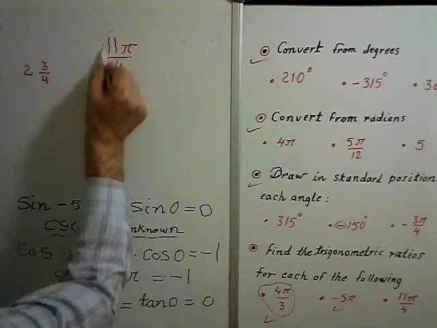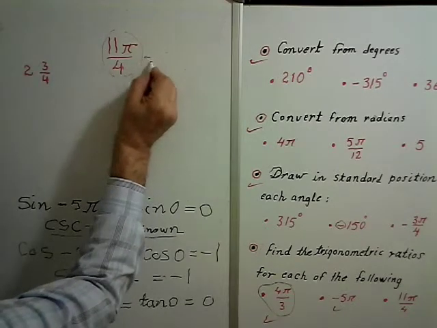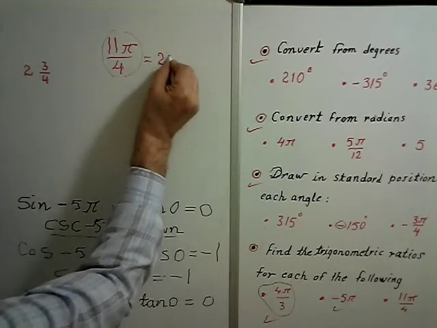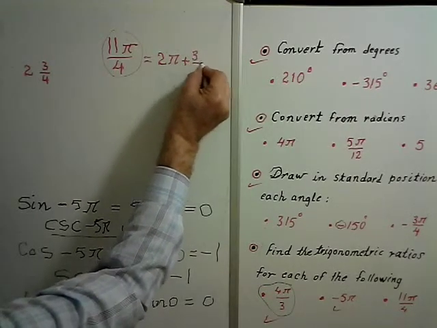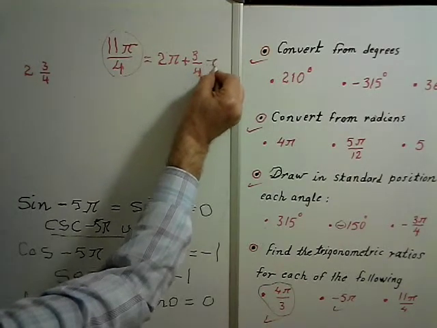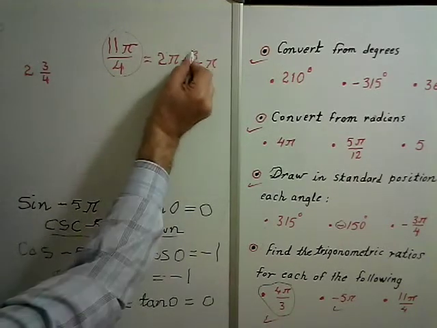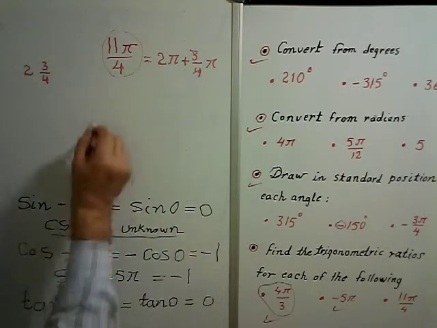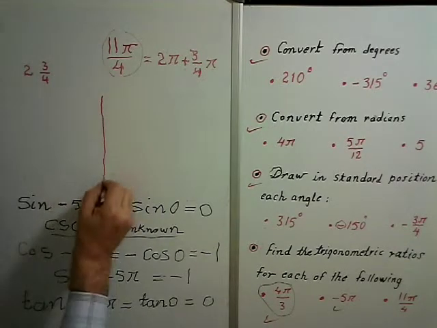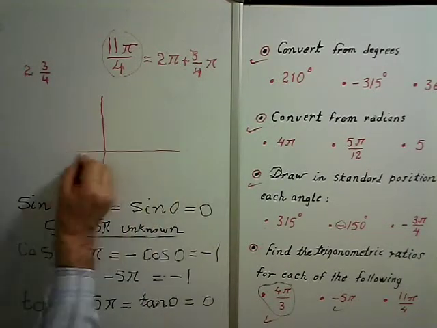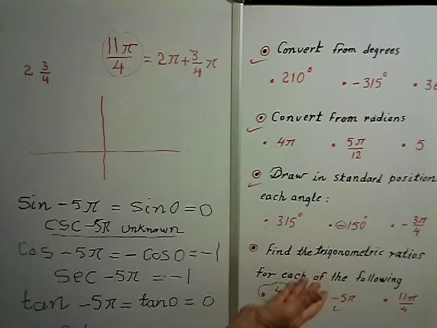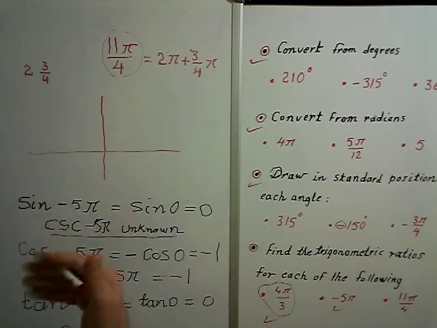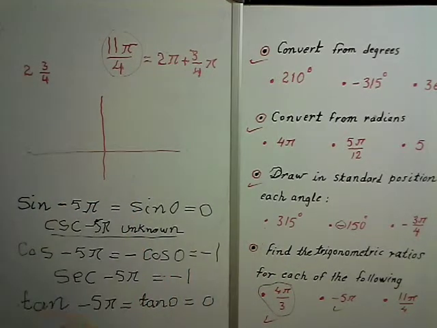That means this angle is 2 pi plus 3 over 4 pi. When we draw the angle, it gives me more understanding for the ratios I need to find.